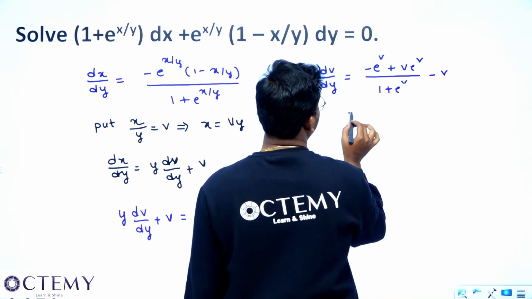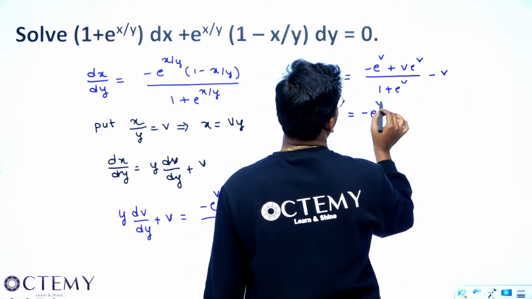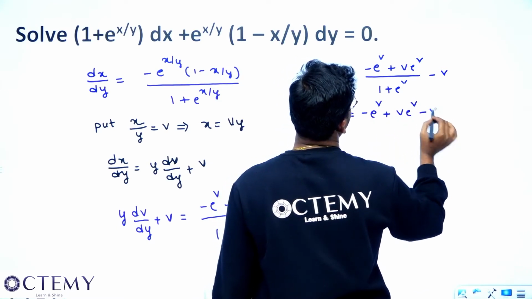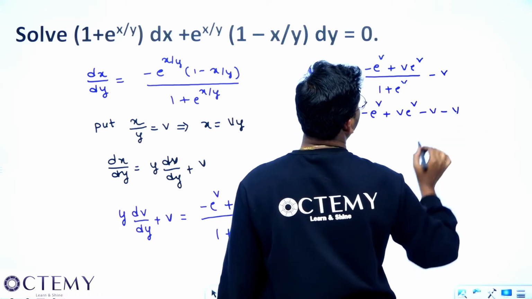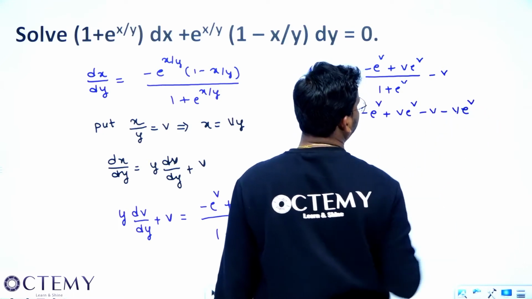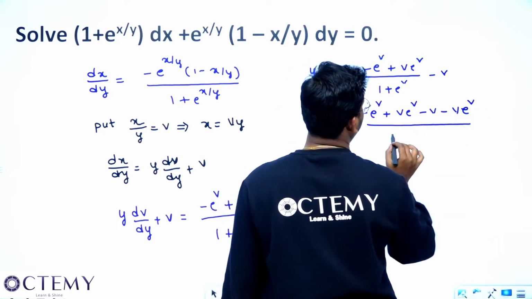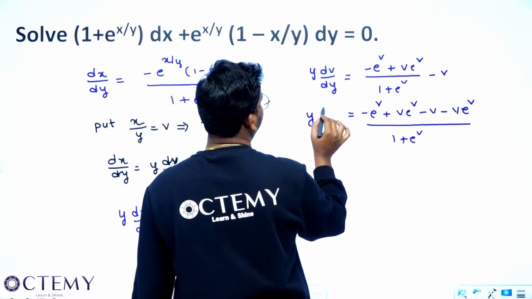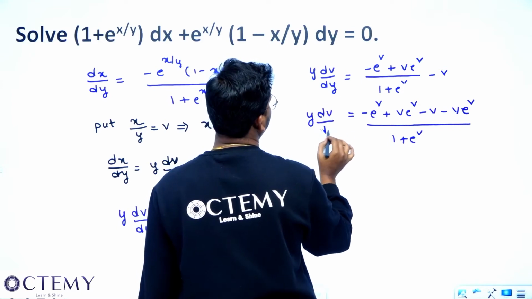So if you solve this, minus e power v plus v e power v minus v minus v e power v, divided by 1 plus e power v, this is y dv by dy.